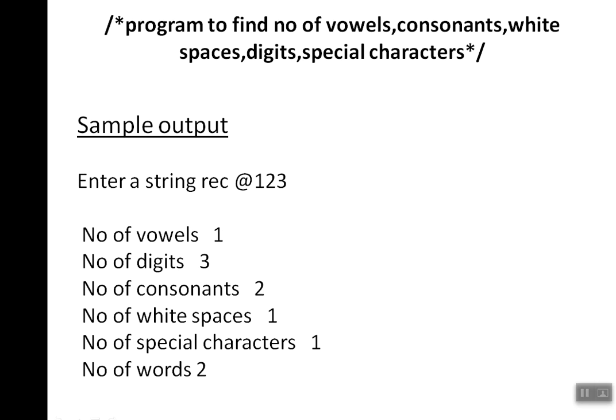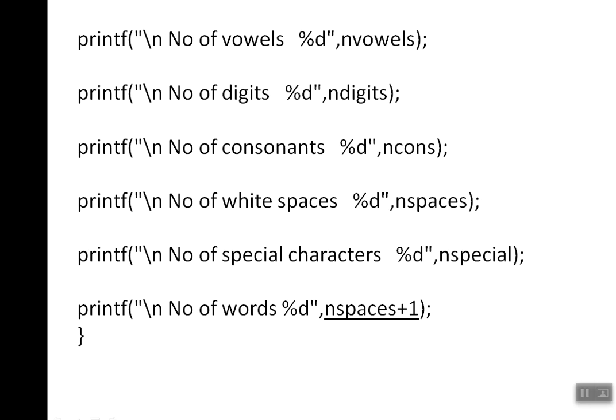So if there is one space, you will take two words. If there are two spaces, you will have three words. So for the number of words, you take the number of spaces plus one. So this is an example which will tell you how to tokenize the string.